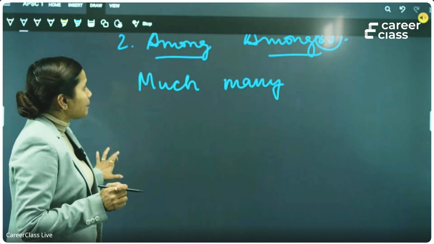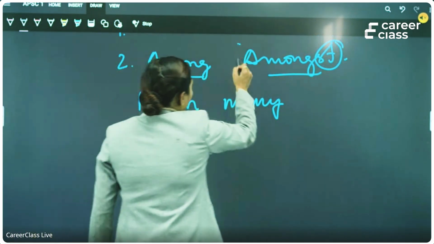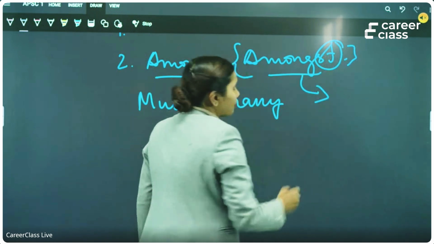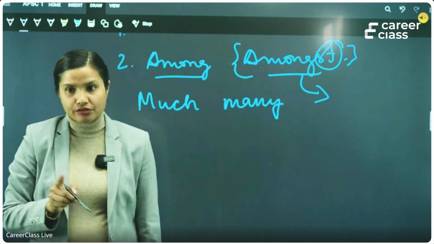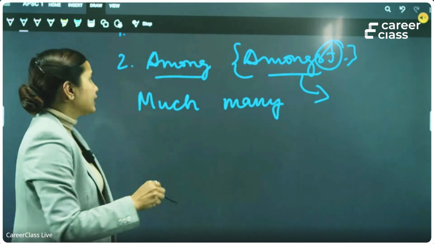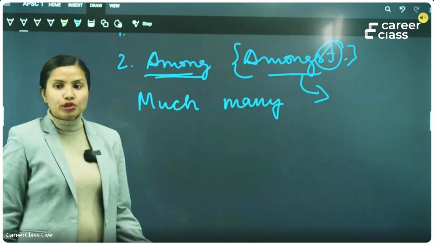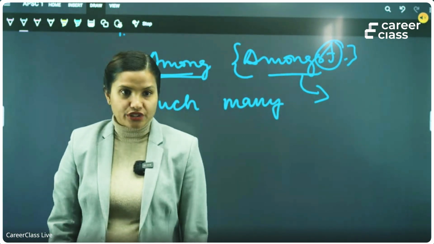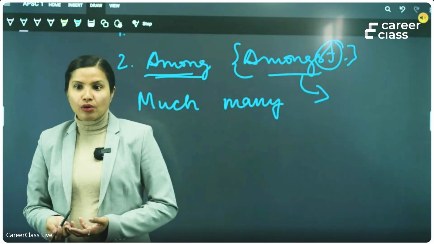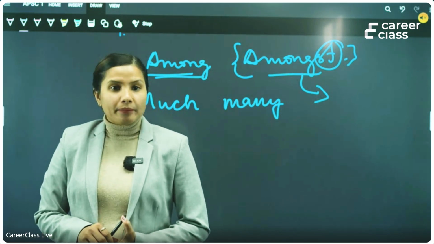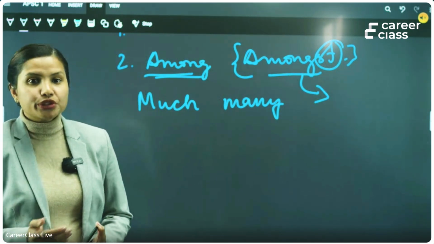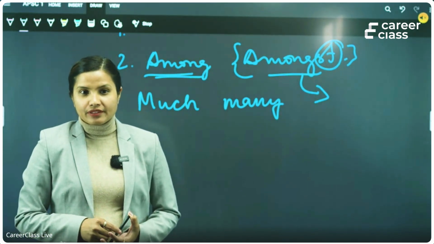So this particular form is more commonly used in British English, and this is used mostly in American English. And now, which is the more common version of English that is used worldwide? British English?